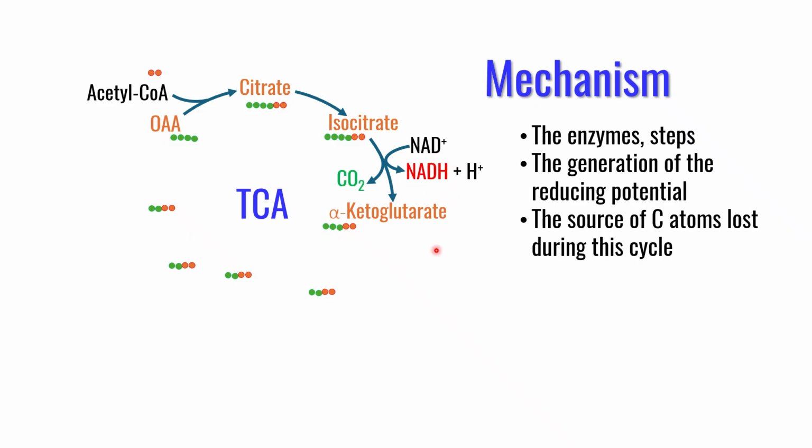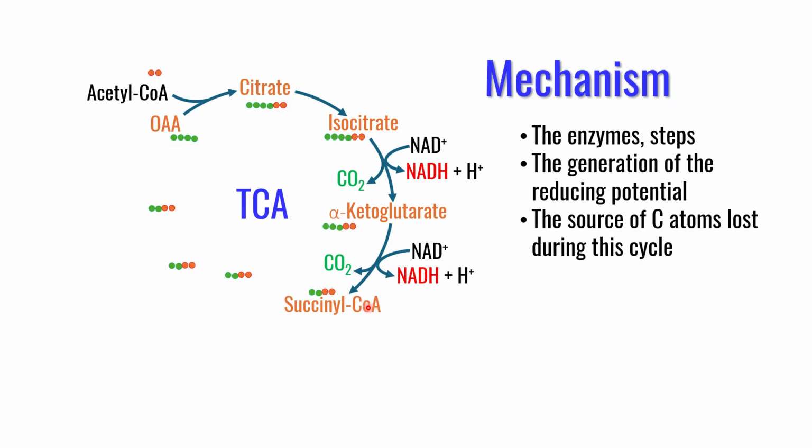Alpha-ketoglutarate is converted into succinyl-CoA by alpha-ketoglutarate dehydrogenase. This enzyme also performs oxidative decarboxylation, releasing the second carbon as CO2, the source of carbon again being oxaloacetate, and the second NADH molecule is produced.